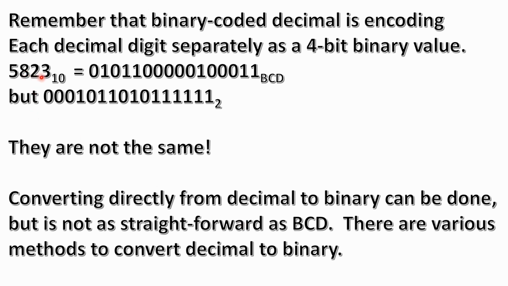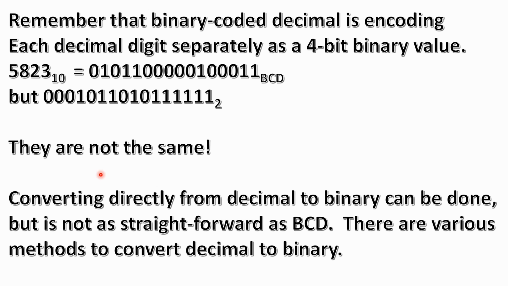So 5,823, decimal base 10, is equivalent to this in BCD, but in regular binary or base 2, this would be the value here, and you can verify that. You can go back, pause the video, and double check that. They're not the same.